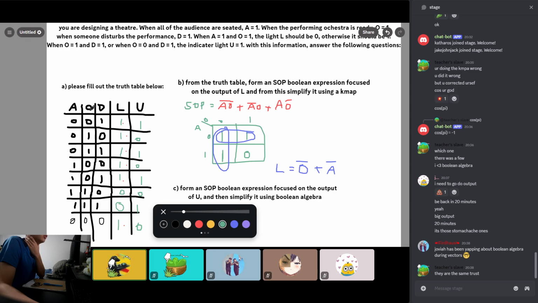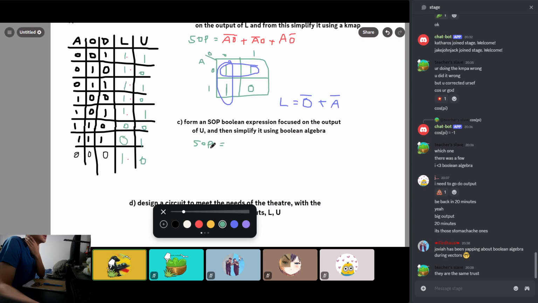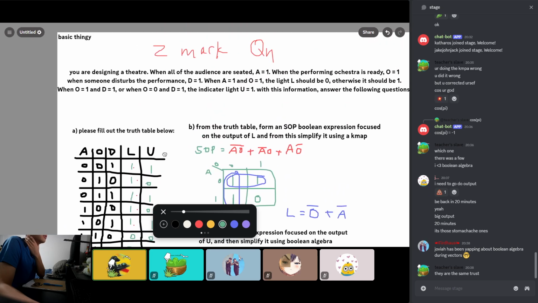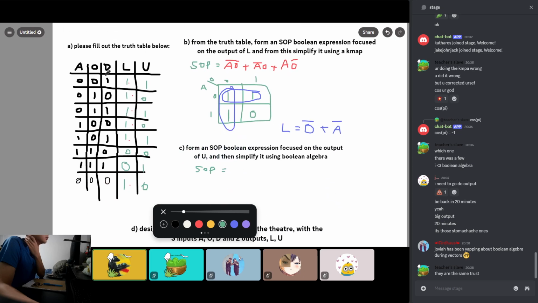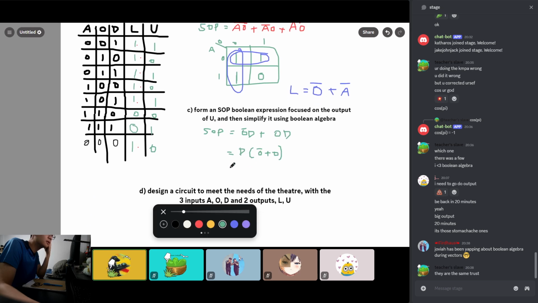We only look at O and D, since the output of U is only affected by O and D. So we get O bar A D plus O D. From this we can factorize like that, and then the sigma law gives D.